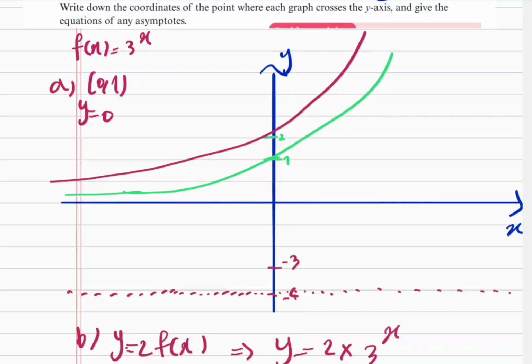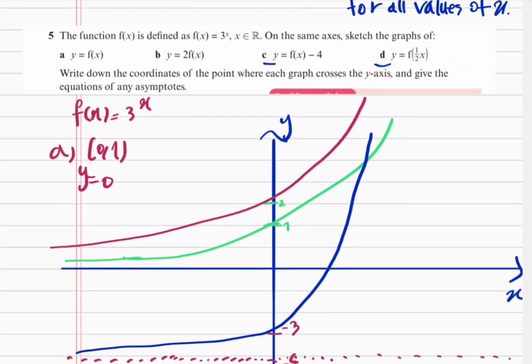So to sketch this curve, remember the y-intercept is at -3 and the asymptote is at -4. It's roughly going to look like this. And so that's the exponential curve for part C.